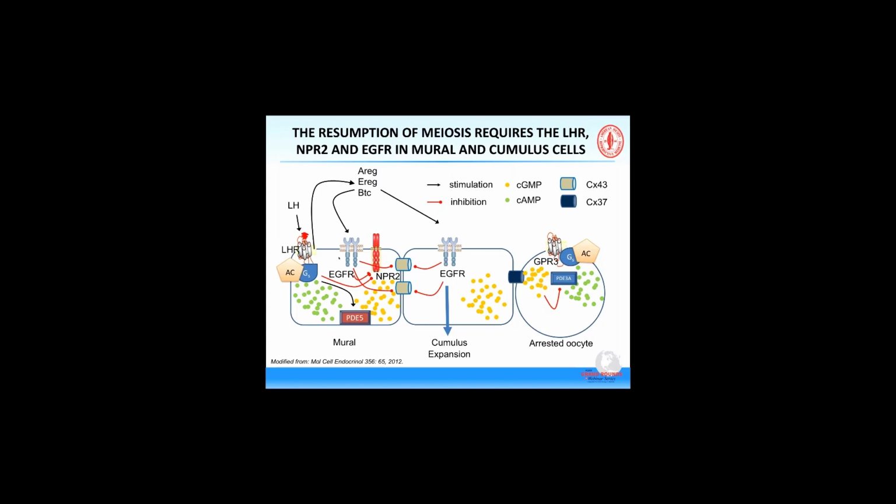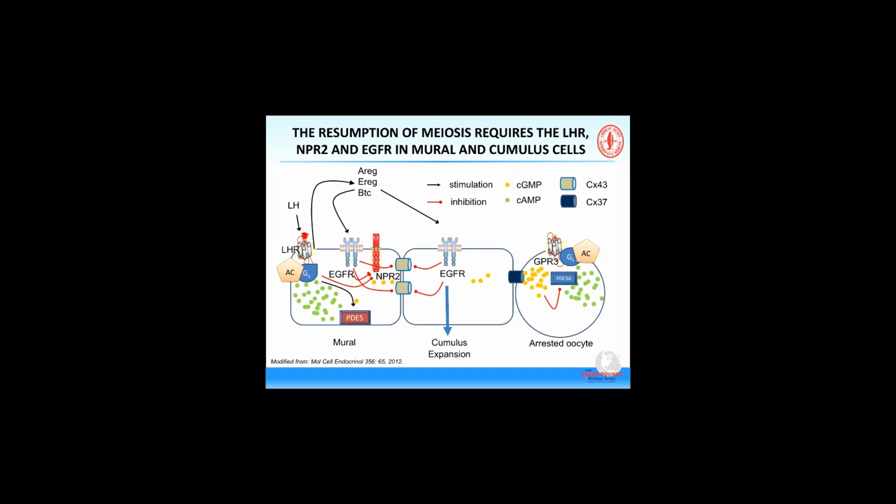This is actually compounded by the fact that there's a decrease in the synthesis of CNP in the mural granulosa cells. So the NPR2 receptor becomes even less active. So the inactivation of the NPR2 receptor, which happens by a number of mechanisms that I just discussed, as well as the increase in PDE5 activity in the mural granulosa cells, lead to a decrease in the cyclic GMP that is being produced. And there's also degradation of cyclic GMP in the cumulus cells.